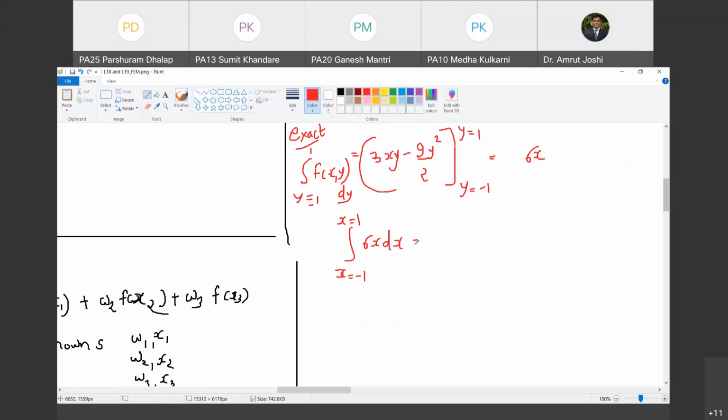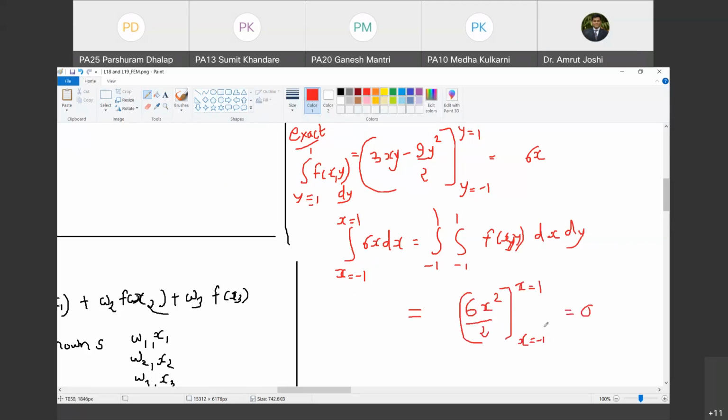This is nothing but integration -1 to 1, integration -1 to 1, f of xy dx dy. Do you agree with me? Yes, sir. So what is this integration? Tell me. 6x square by 2. Happy? Yes, sir. And then you are substituting x equal to -1 to x equal to +1.